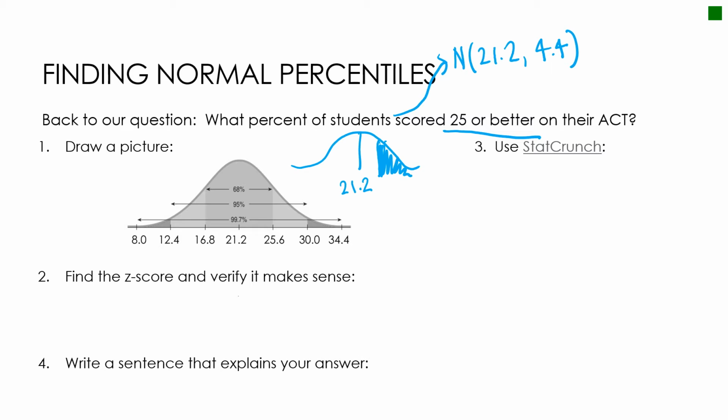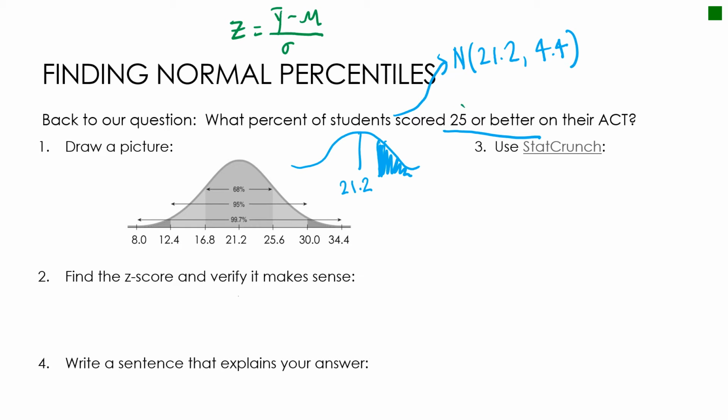So then I'm going to find my z-score, and my z-score formula, if you'll remember correctly, is z equals observed, which we call y bar, minus expected, which is the mean that's given to us for the population, divided by the standard deviation of sigma.